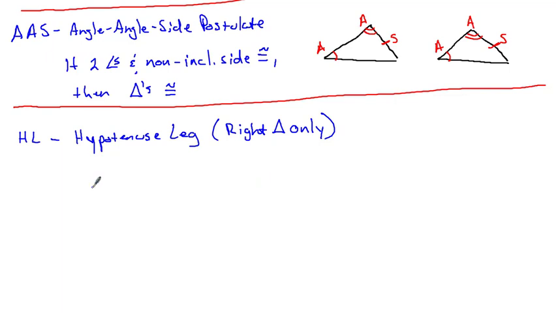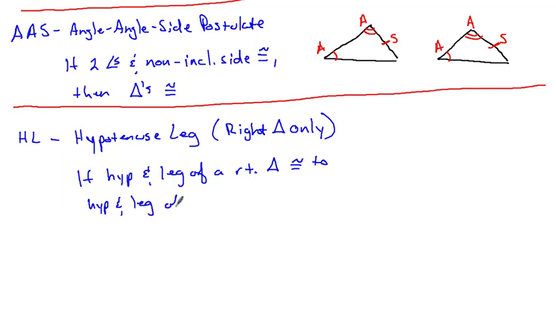It says if the hypotenuse and the leg of a right triangle are congruent to the hypotenuse and leg of another right triangle, then the triangles are congruent. We'll draw a quick picture of that.